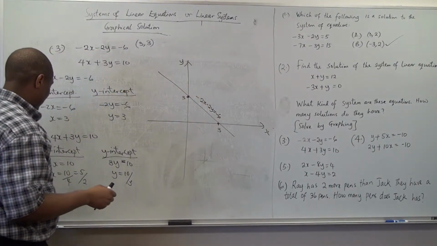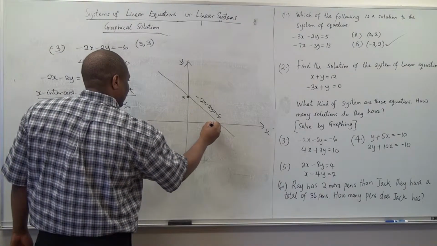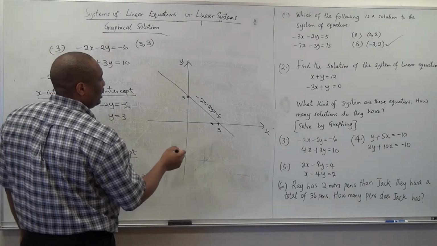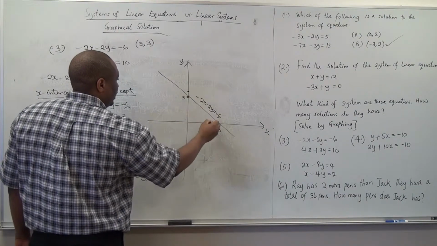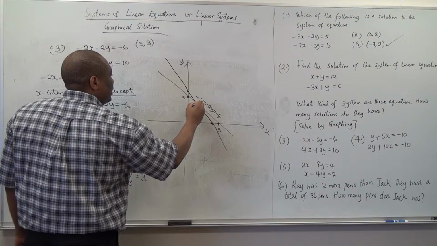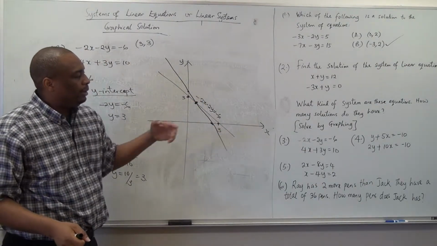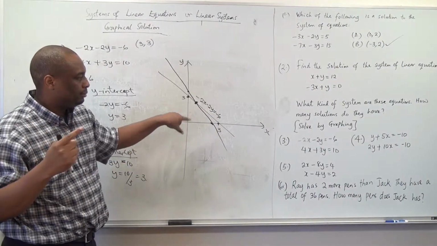And the second one, when x is 2.5, which is about here, and y is 10 over 3, which is 3.33, will be around here. So if you draw it, you see that they cross, and you see where they intersect. So number 3 will be a consistent system, one single solution.